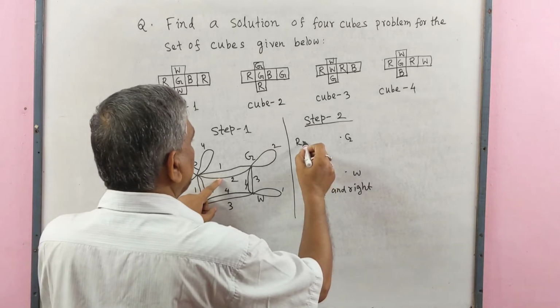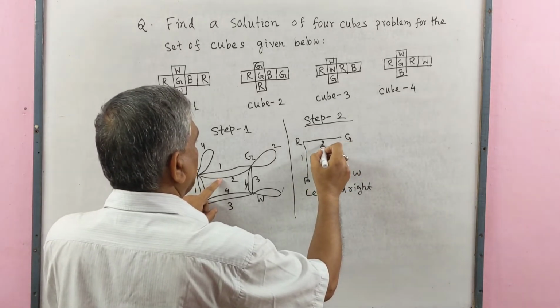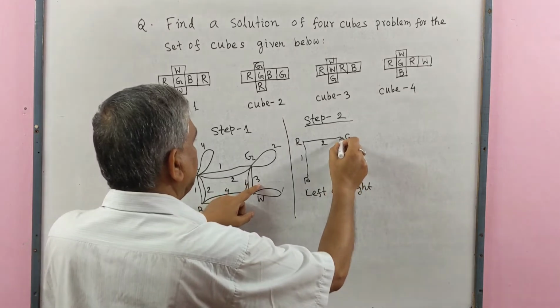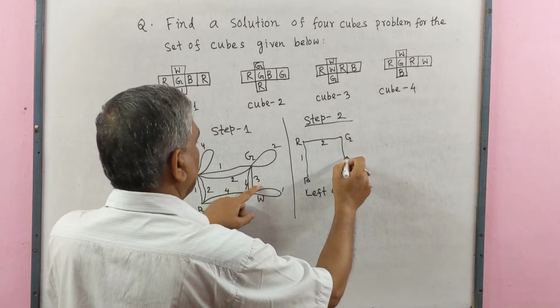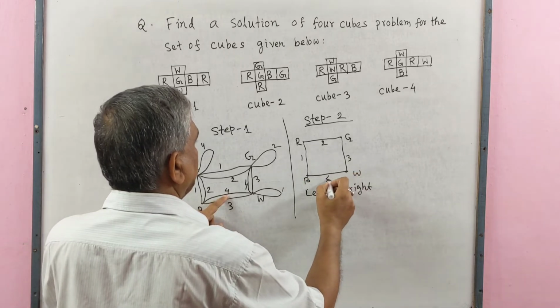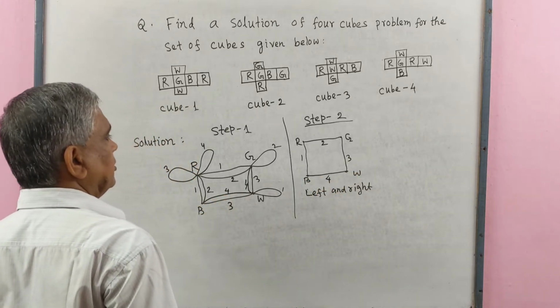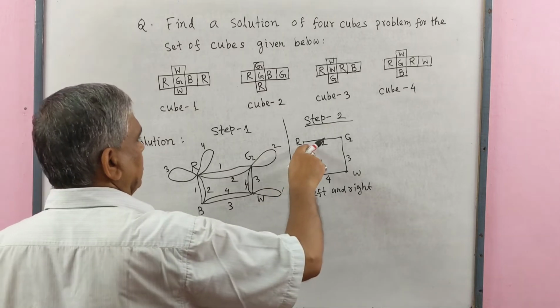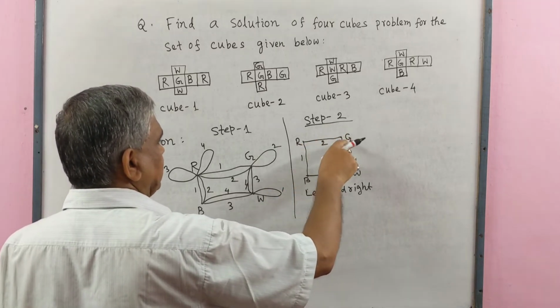Here we take 2. Here we take 3. Here we take 4. So this will be a subgraph. Degree of each vertex is 2.